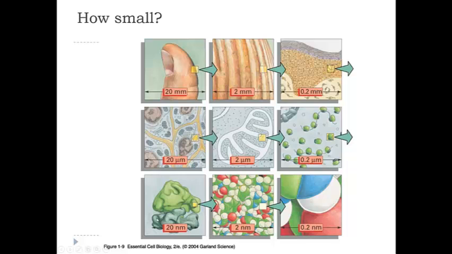So here you can see a single ribosome is about 20 nanometers. And then we're going down to the atomic level, where the actual atoms in that protein subunit of the ribosome are on the order of 0.2 nanometers.